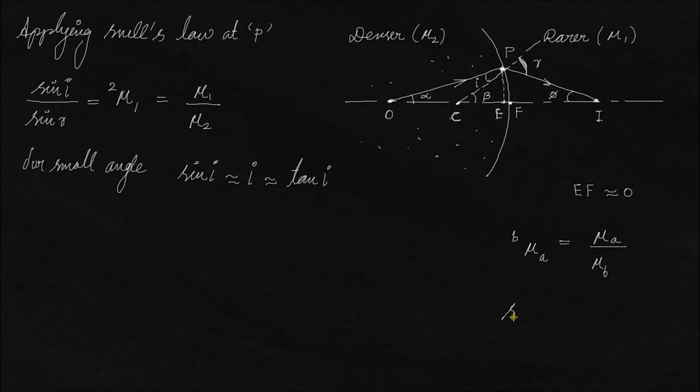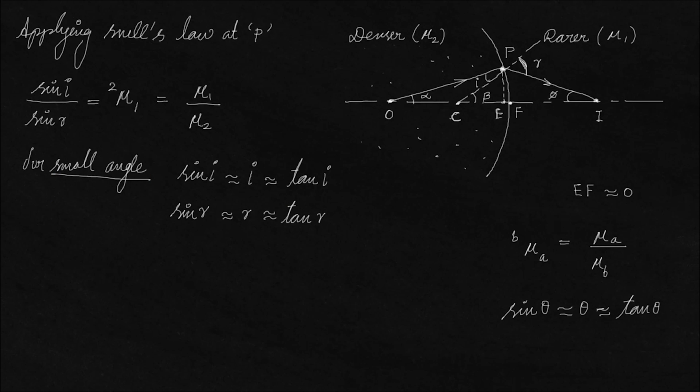That is, for small angles, sin theta is approximately equal to theta itself, and that is approximately equal to tan theta also. And similarly for the angle of refraction, sin r equals r itself, that is also equal to tan r for small angles.